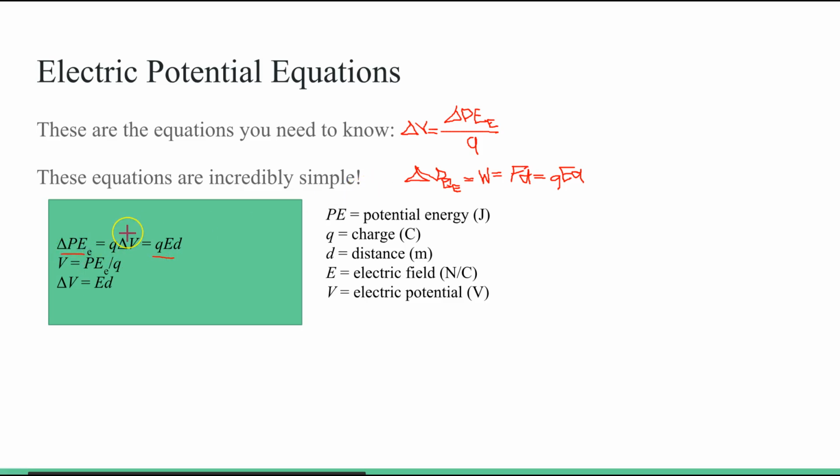And we know that the potential is equal, and these are equal. That means if you divide both sides by Q, you get this relationship right here. So you get the third relationship, just in case you wonder where we got these equations from.